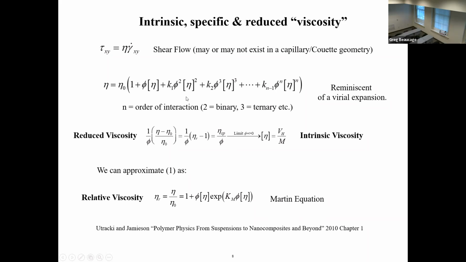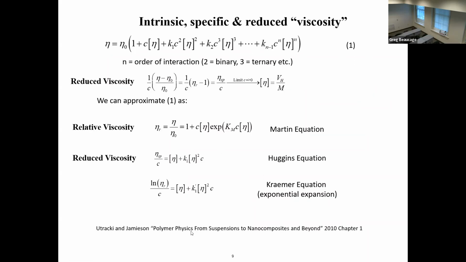So you'll end up with an exponential from this, and basically you could describe that with an exponential. That's the Martin equation. There's a lot of this expansion of the exponential in this game. This is one way to do that, the Martin equation. Then there's taking just the first two terms of the expansion, the Huggins equation.